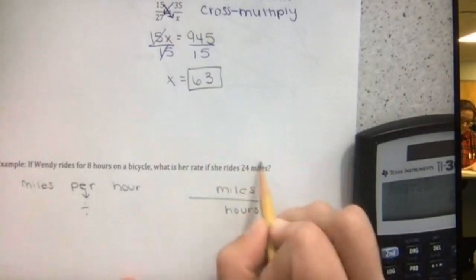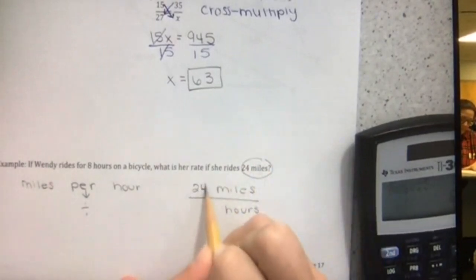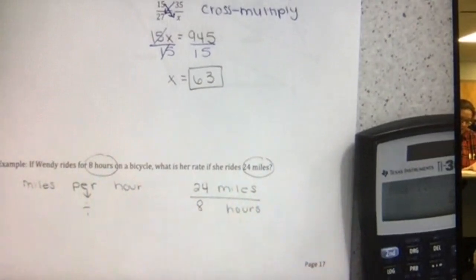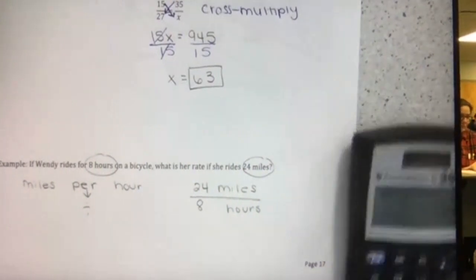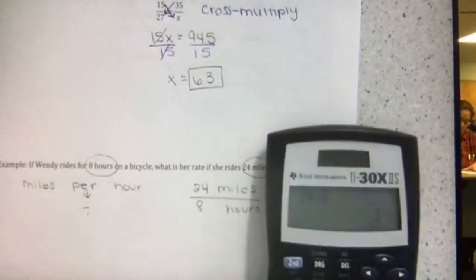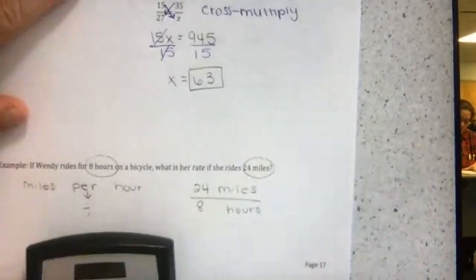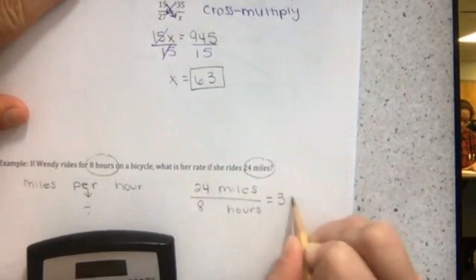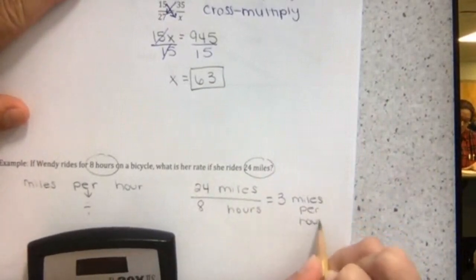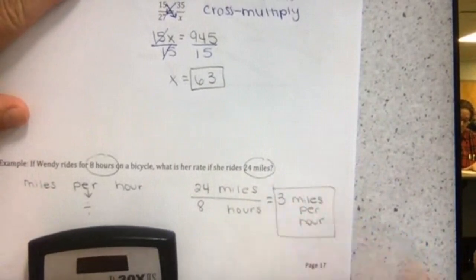So in the problem, it tells us 24 miles and it tells us 8 hours. So 24 miles per 8 hours. Dividing that out in our calculator, 24 divided by 8 will give us 3. So her rate is 3 miles per hour.